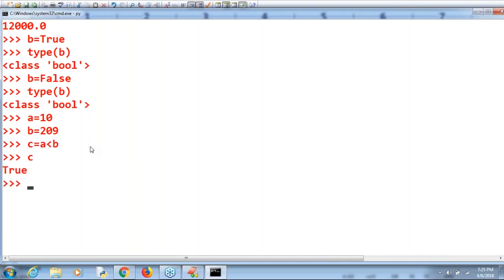What is the value of c? True is the answer. What is the type of c? It is the Boolean type, right?